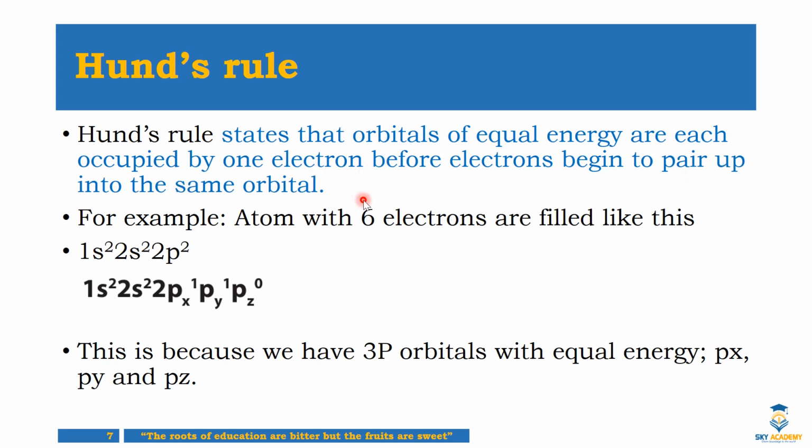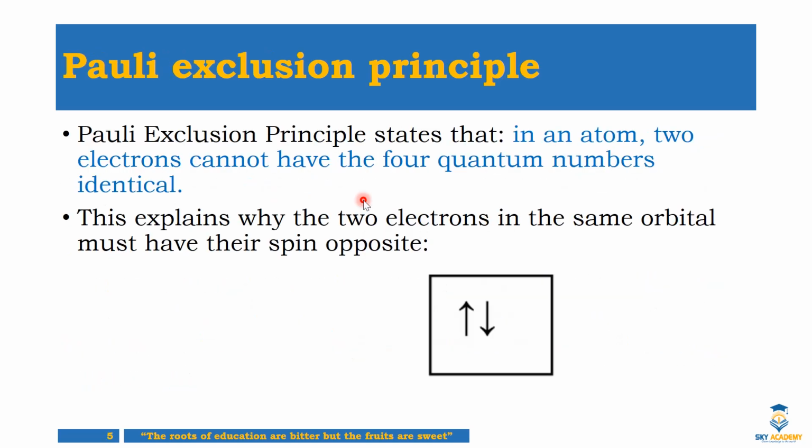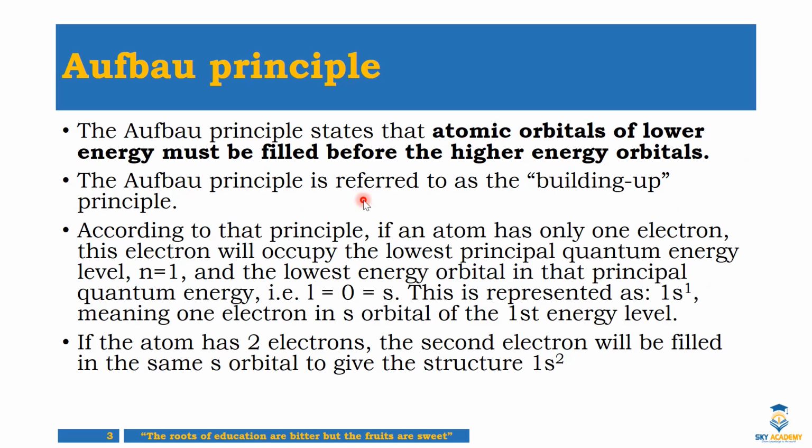For the first row, if you have one electron, it can be put in the s orbital, and if you have two electrons, you can also put them in the s orbital, and that's correct.